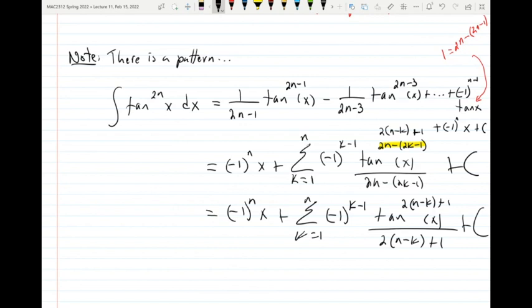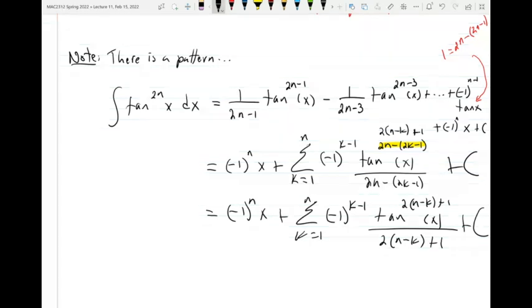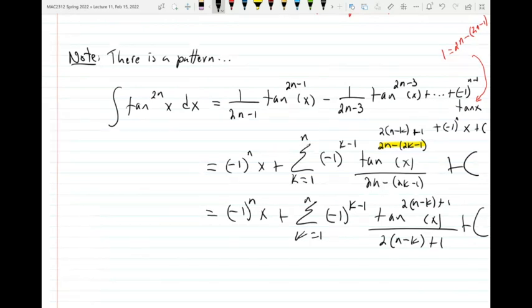That's what the k is doing. But because k is running from 1 to n, that's why I have to do this 2k minus 1 to make sure that I always get my odd numbers. When k is 1, 2k minus 1 is 1. When k is 2, 2k minus 1 is 3, and so on. Okay? So as k goes from 1 to n, this 2k minus 1 goes through all the odd numbers up to 2n minus 1.